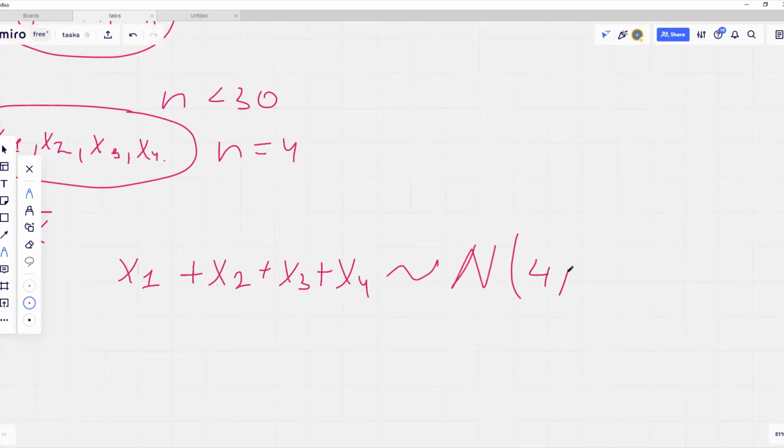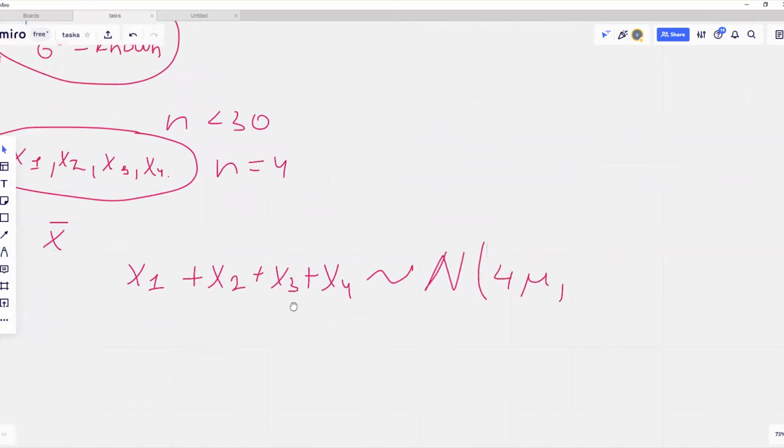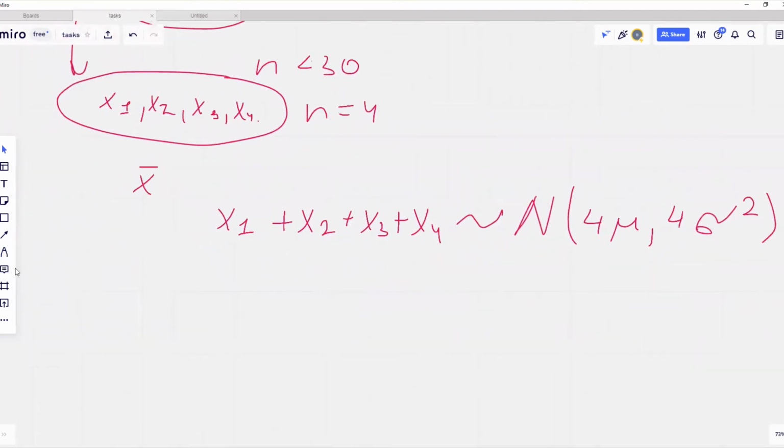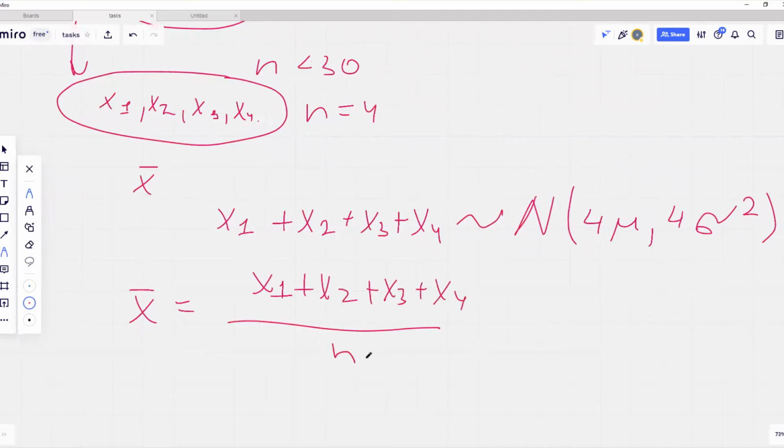So this is 4 mu, and the sum of their variances is then 4 sigma squared, since the variance of each xi here is equal to sigma squared. Now, if we calculate x bar, it is equal to x1 plus x2 plus x3 plus x4 divided by n.